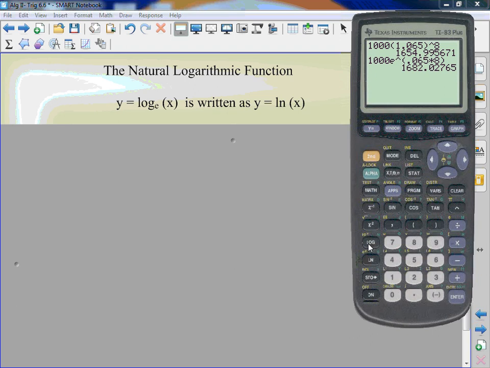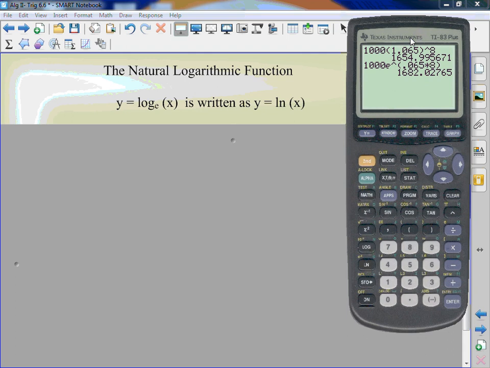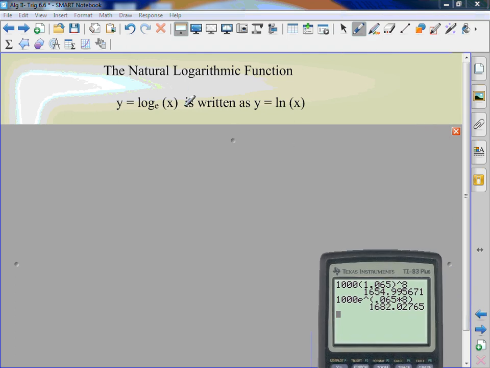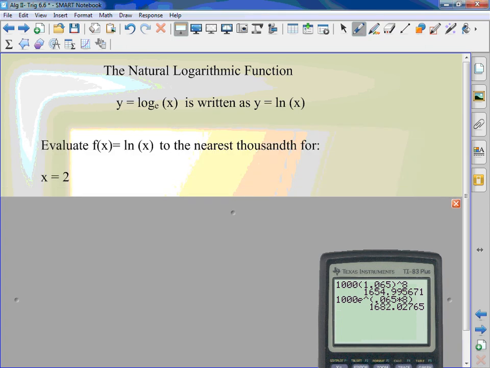Well, we said the other day, I think it was, log and 10 to the x are opposite to one another. e and ln are opposite to one another. ln, natural logarithm.